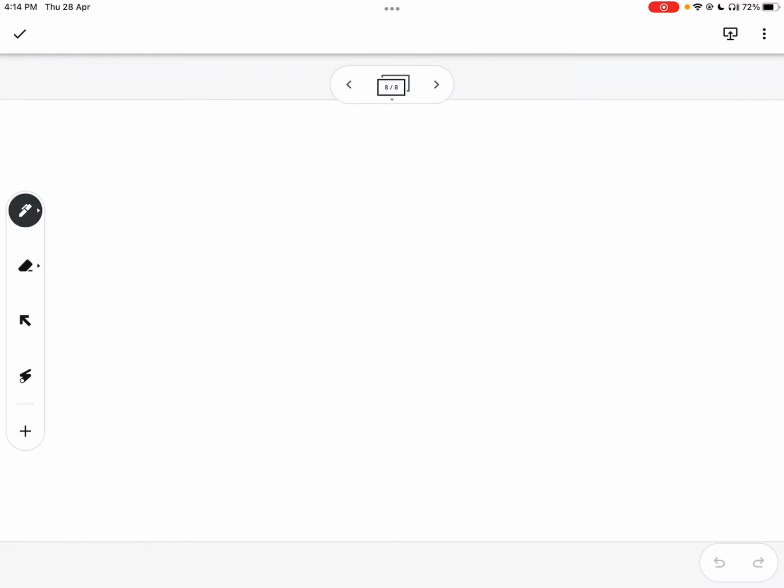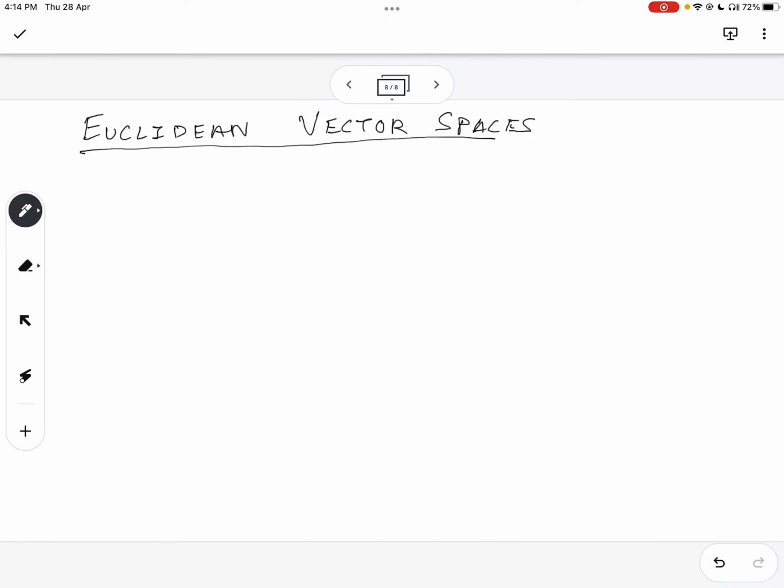Next, we will talk about what we'll regularly require in our discussion of continuum mechanics: Euclidean vector spaces. So how are they defined?